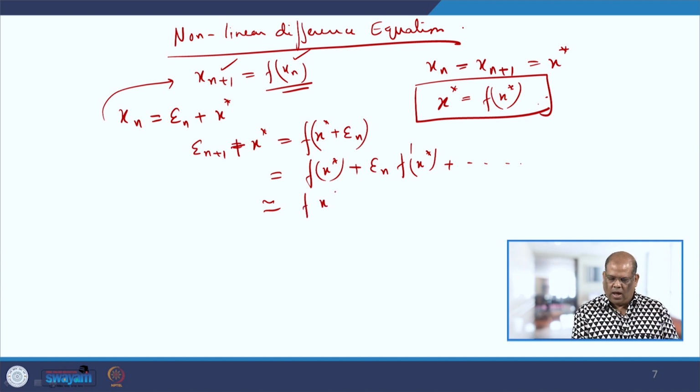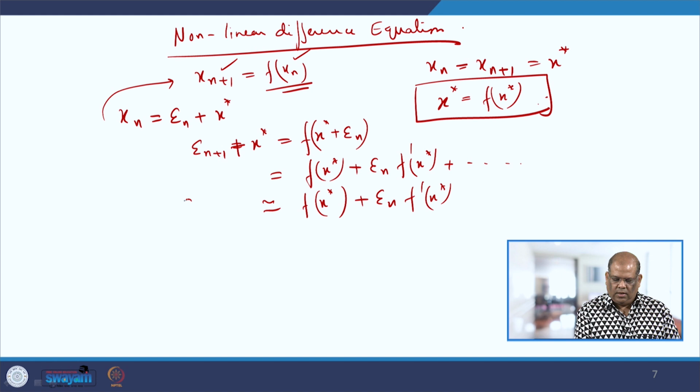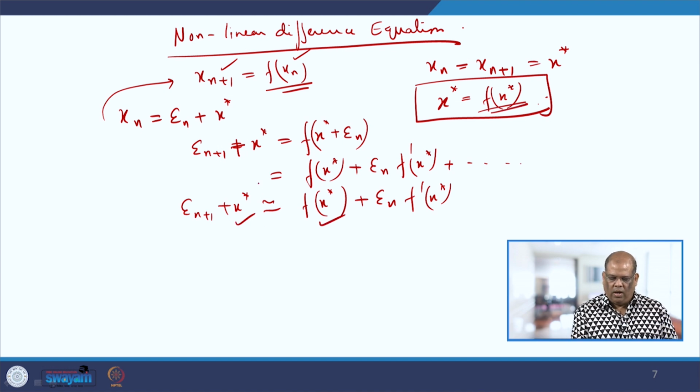Now, at the equilibrium point, x star is equal to f of x star, so these two values cancel, and you are left with epsilon n plus 1 equal to f dash x star into epsilon n.